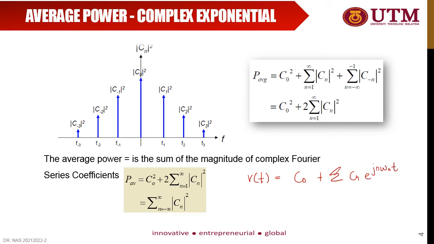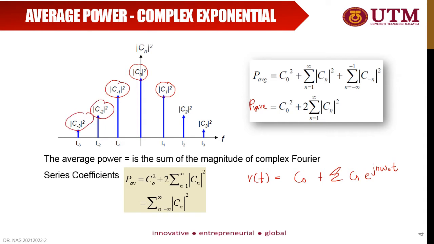To calculate the P average, or average power, you need to consider the coefficients for each of the pulses up to the number of harmonics required. So in this case, you have the C naught, P average equal to C naught squared plus C1 squared plus C2 squared plus C3 squared, and also the negative frequencies as well.